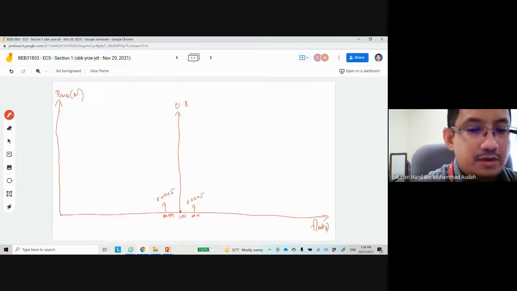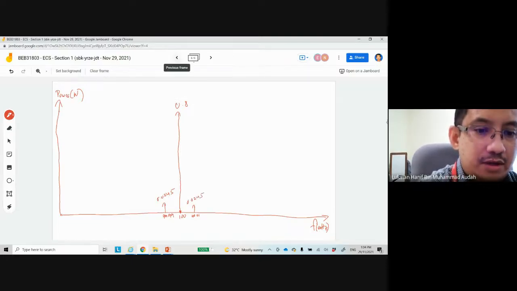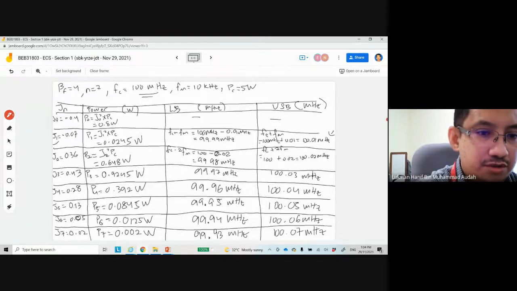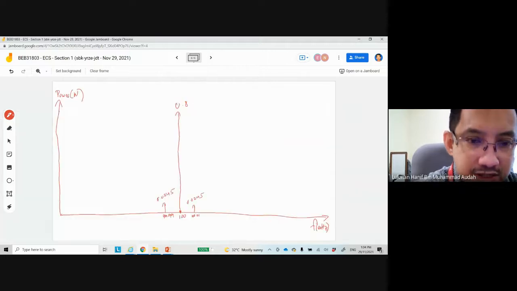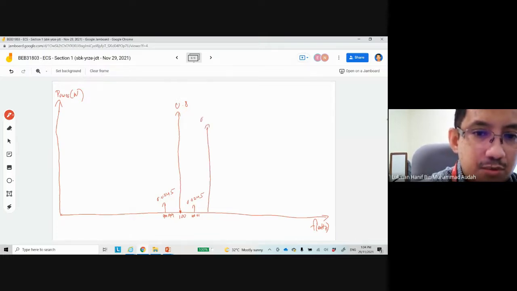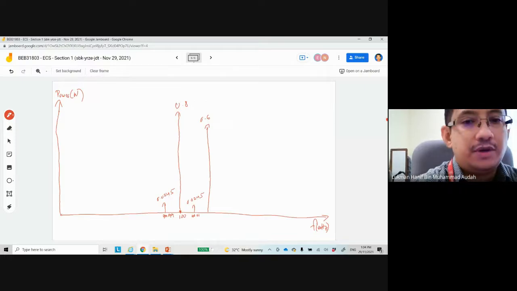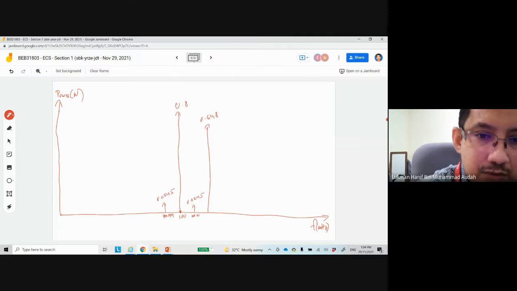Betul lah. And then second sideband, kalau dilihat second sideband dia 0.648. Dia kecil sikit. Maknanya it is somewhere over here, 0.648. Ni agak-agak je, tak perlu tepat-tepat. Kita agak-agak saja.